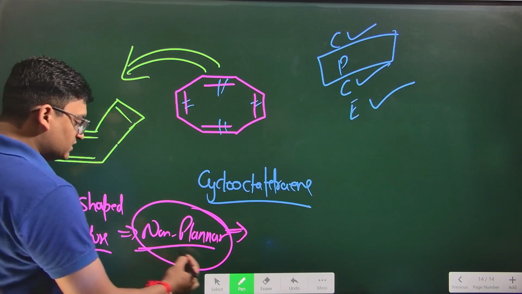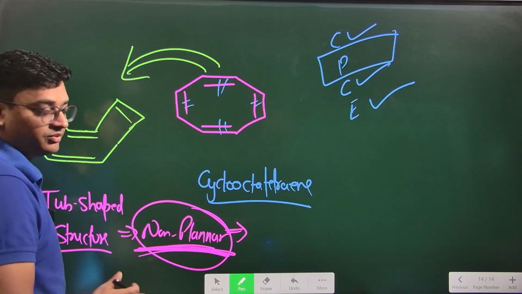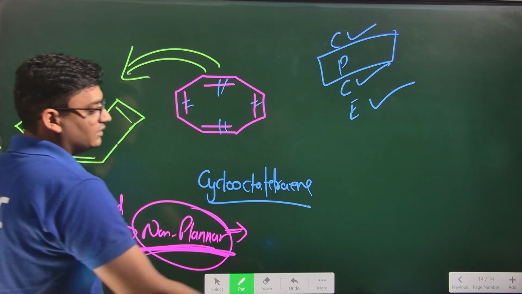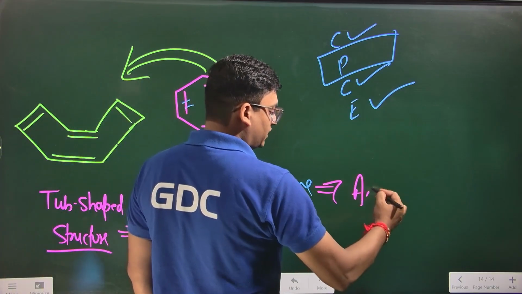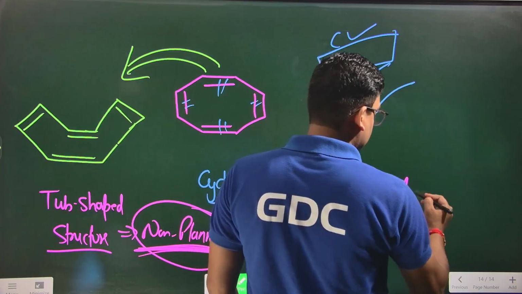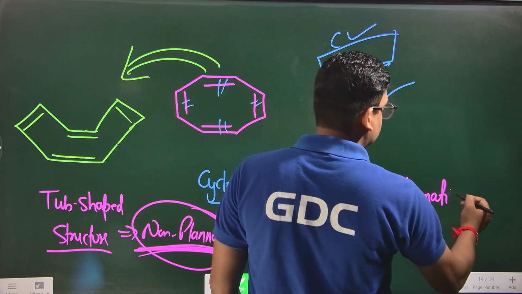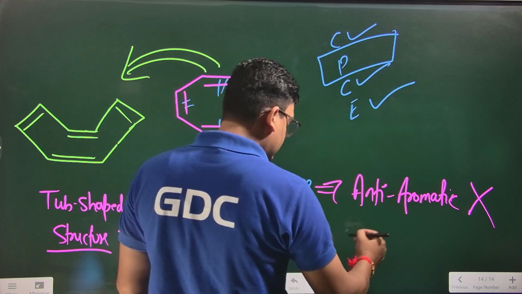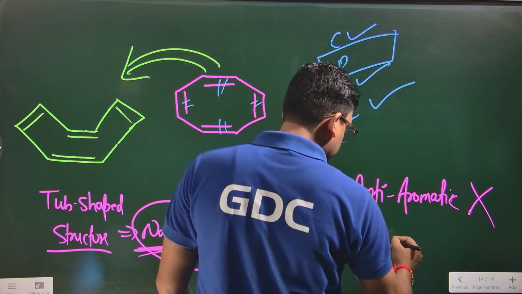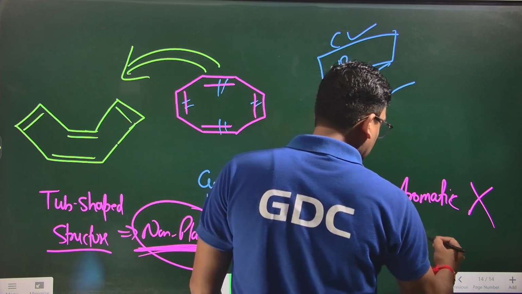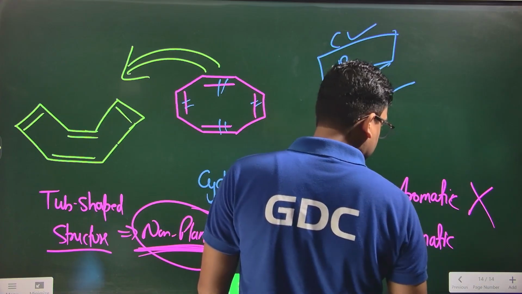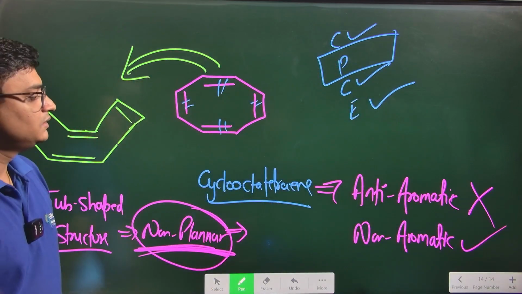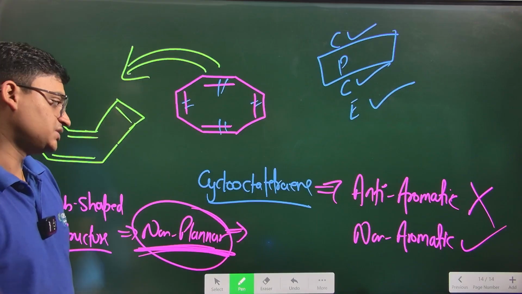And that's why, due to non-planar, tub-shaped geometry, this cyclooctatetraene is not anti-aromatic. It is looking like an anti-aromatic structure, but it is not; rather, it's a non-aromatic structure.